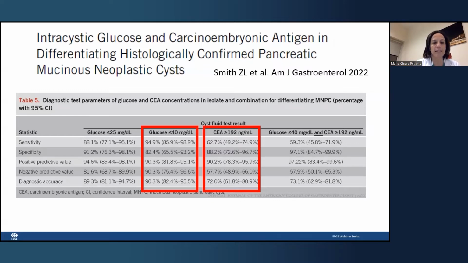And again, the sensitivity was significantly higher, 95% compared to CEA. Also, no difference in specificity. And interesting is the negative predictive value, which was again significantly higher compared with CEA, and also the diagnostic accuracy. So in other words, intracystic glucose seems to be superior to CEA alone in differentiating mucinous cystic lesions.